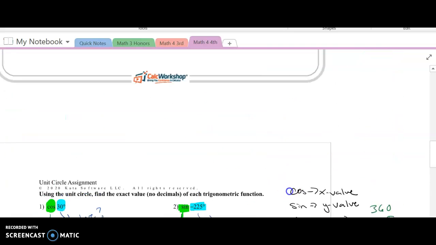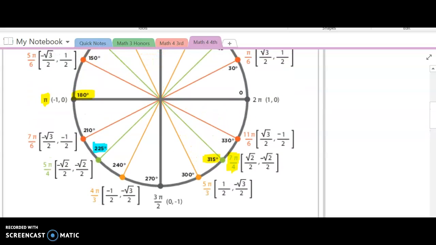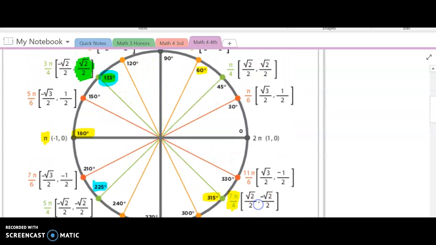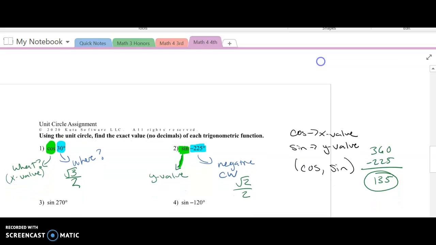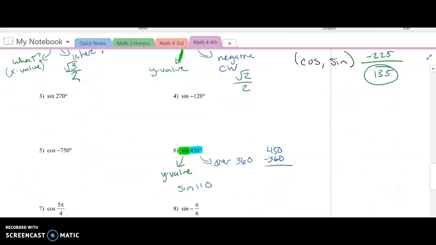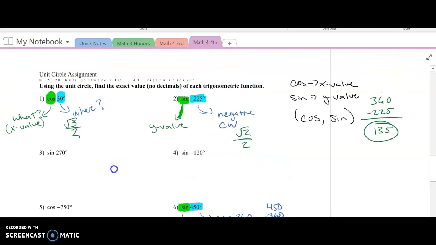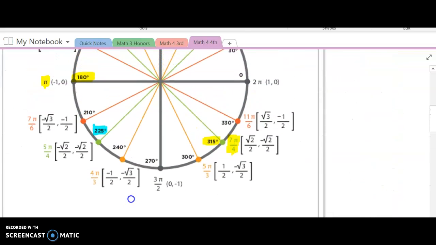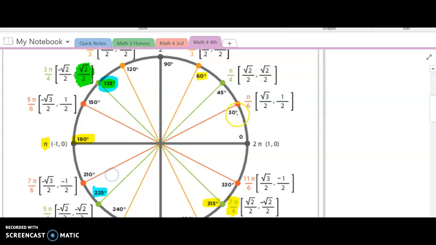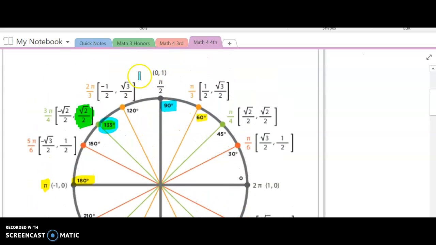So let's go up here. And I just realized I did that math wrong. It is 90 degrees, not 110. So we're going to go and find 90 on my unit circle. So 0, 30, 45, 60, 90. That is my angle. So now we're going to go to my coordinate.